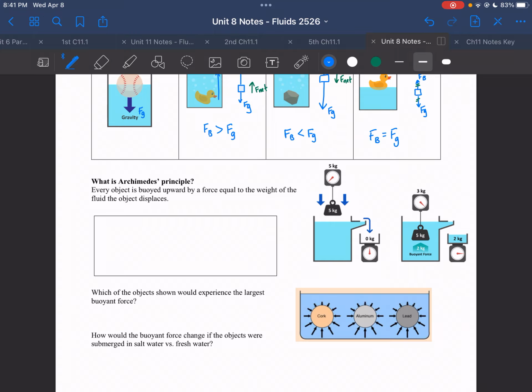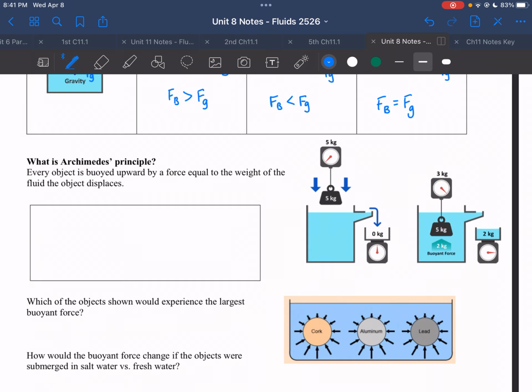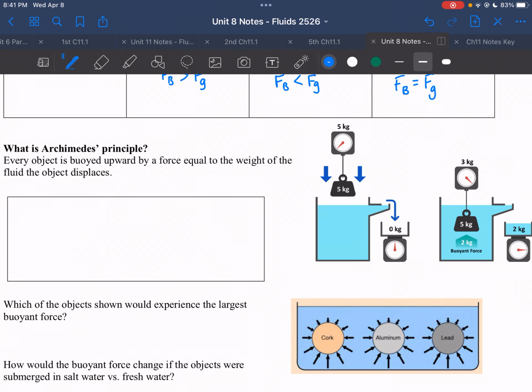Not actually true here, but the principle kind of stays the same. That you can submerge an object in water and you can use that to figure out what the density is. So in this scenario, every object is buoyed up, that's by the buoyancy force, by a force that is equal to the weight of the fluid that the object displaces.